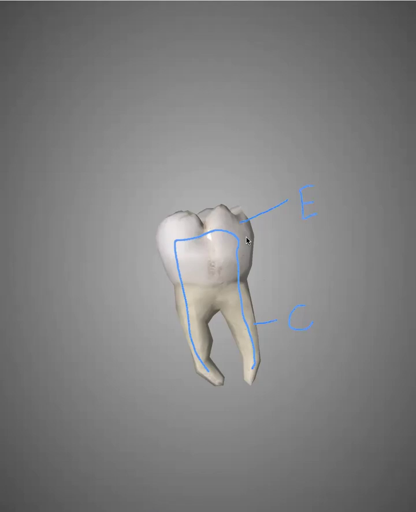The part where dentine and enamel meet is called the dento-enamel junction. And the part where the dentine and the cementum meet is the cemento-enamel junction.